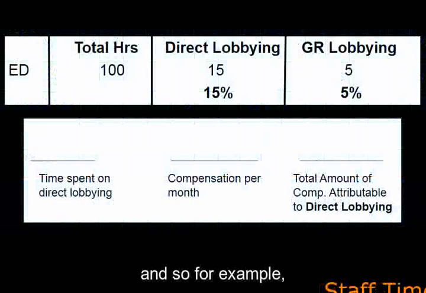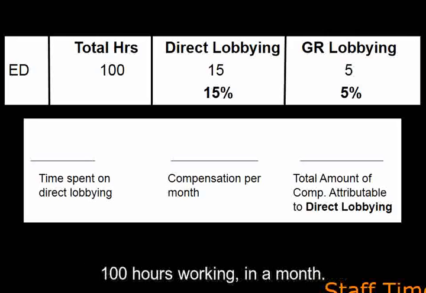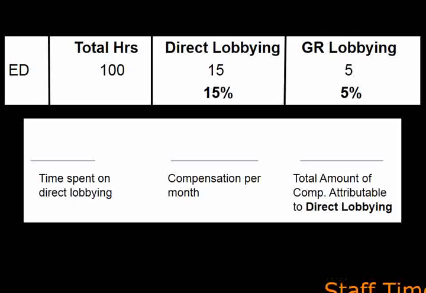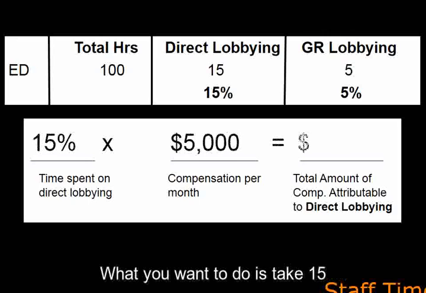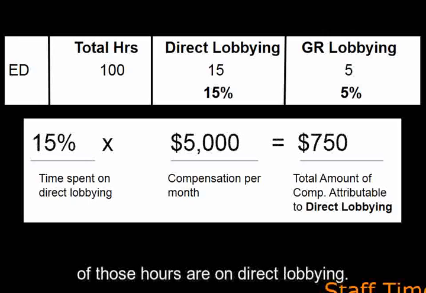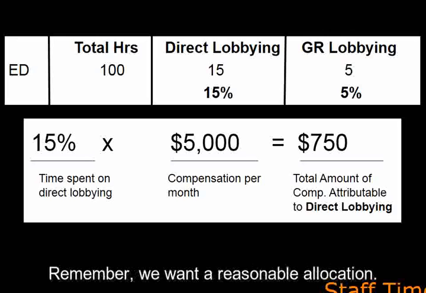For example, take an executive director who spends 100 hours working in a month. What you want to do is say 15 of those hours are on direct lobbying, 5 hours on grassroots lobbying. And remember, we want a reasonable allocation.